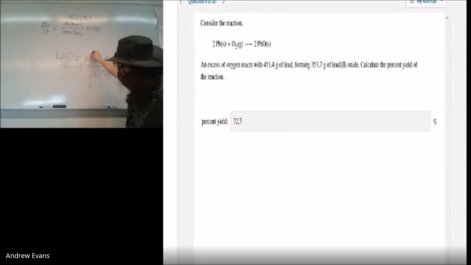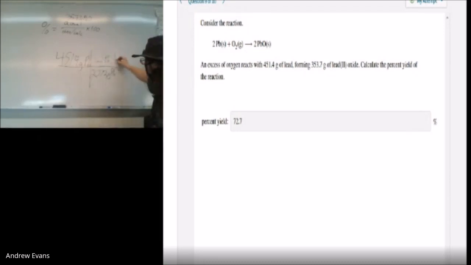So grams of lead cancel grams of lead. Now we have 2 moles of lead for every 2 moles of lead oxide, so a 1-to-1 ratio cancels out our lead. We're left with lead oxide.